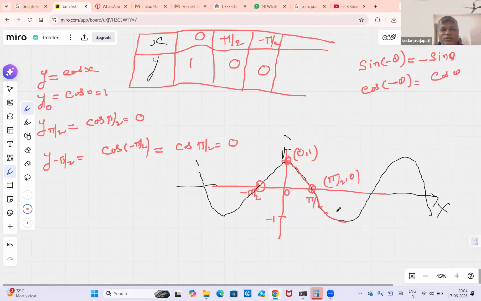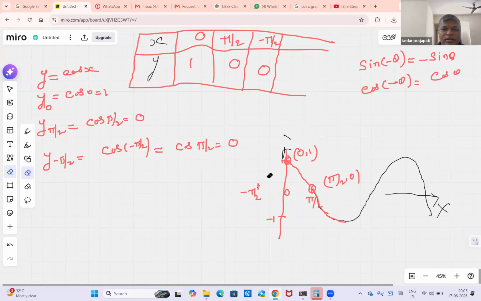So now only here to here, if you draw a line, it will cut it, means we have to remove all these. What I'm saying is we have to remove all these. We are not considering. So this should not come.